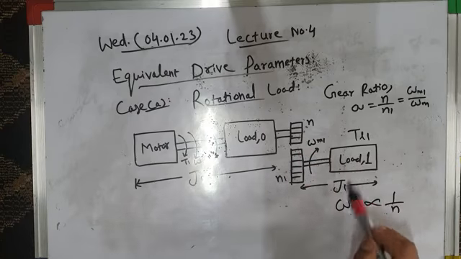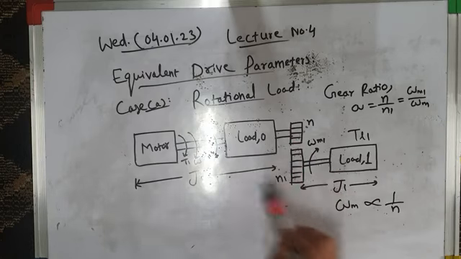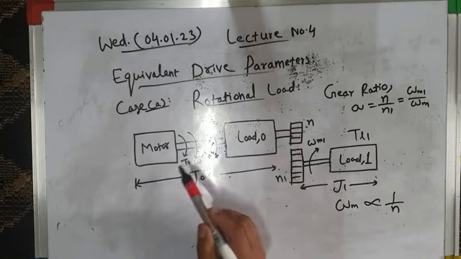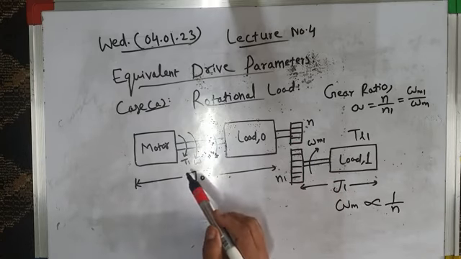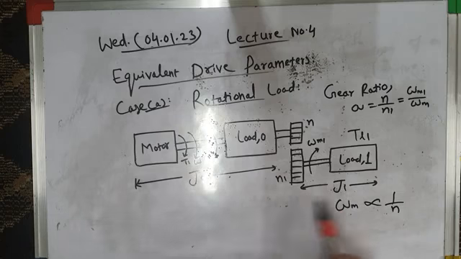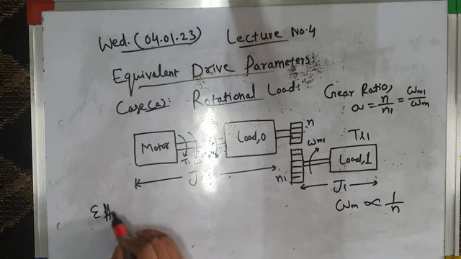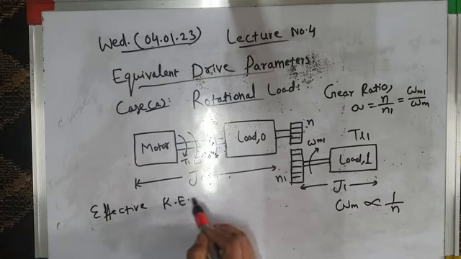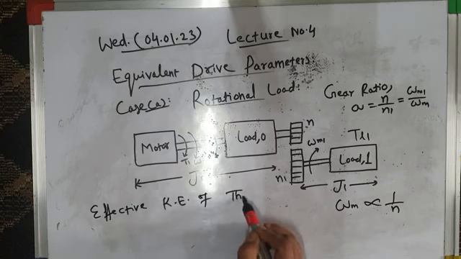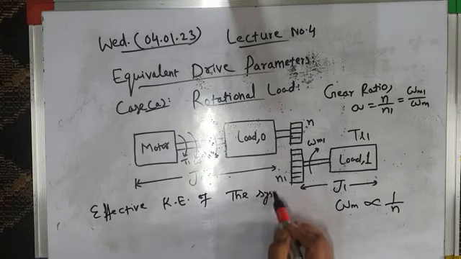So whatever is the moment of inertia here, through the gear arrangement, it will be reflected on this side and it will have a different value. How to find the total moment of inertia of the load? Okay, so I will write here effective kinetic energy of the system.